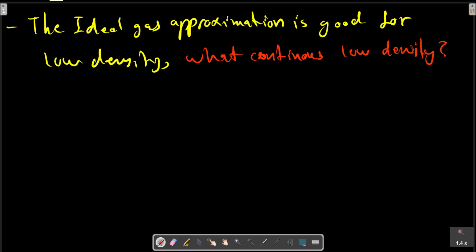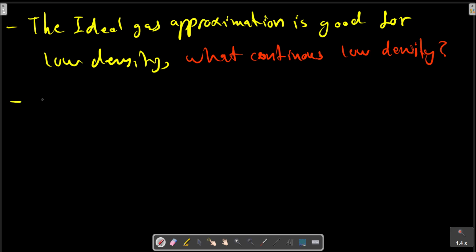In other words, over what range of density will the ideal gas equation of state hold with accuracy? The second question is, how much does an actual gas at a given pressure and temperature deviate from ideal gas behavior?